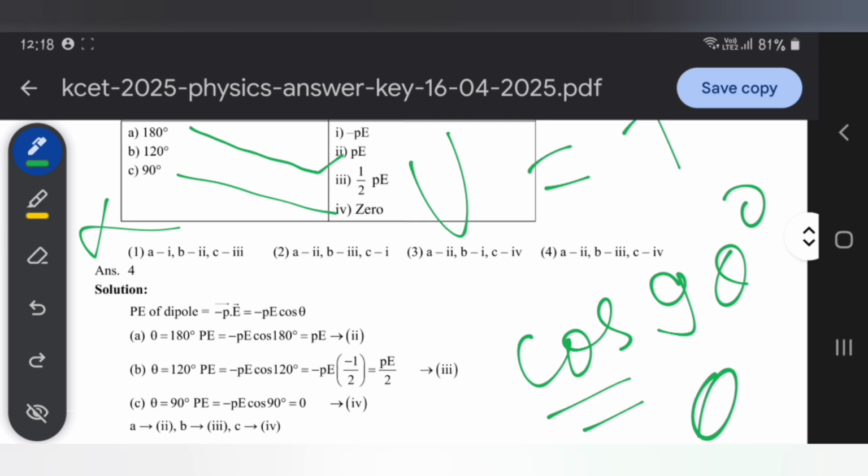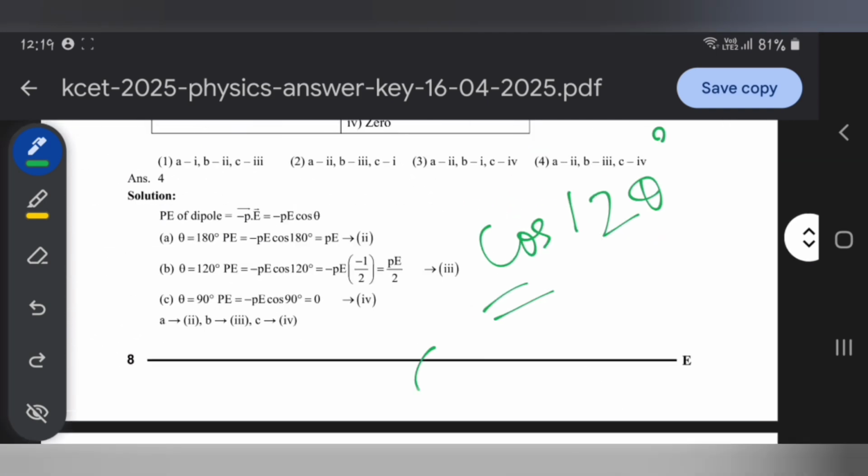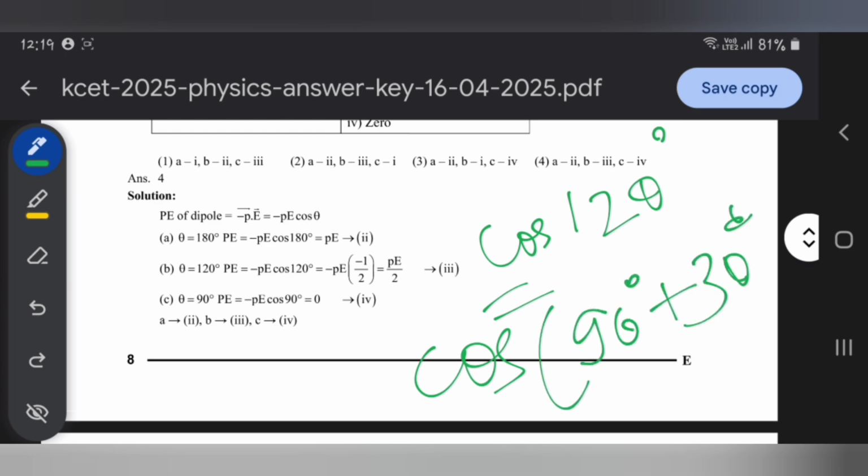Now can you cancel 2? But you're still in confusion between 4 and 3. Now what do you do? We will use the rest of the mathematics here. Here cos 120 is given to you. Can I not write cos 120 as cos of 90 degrees plus 30 degrees? Yes or no?